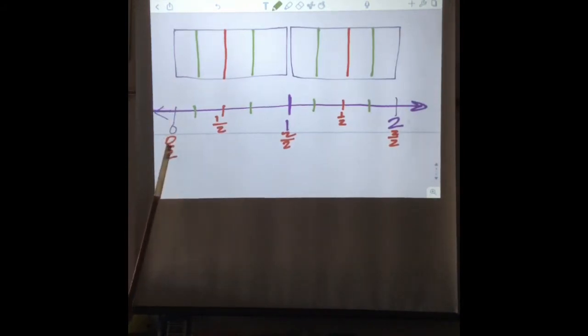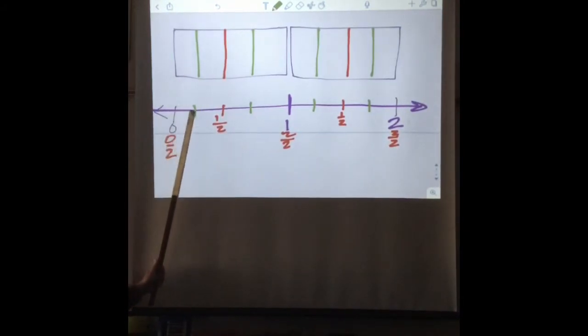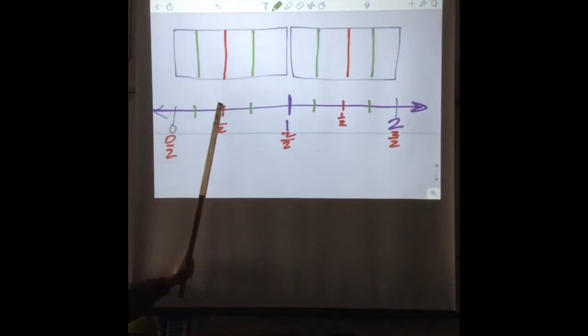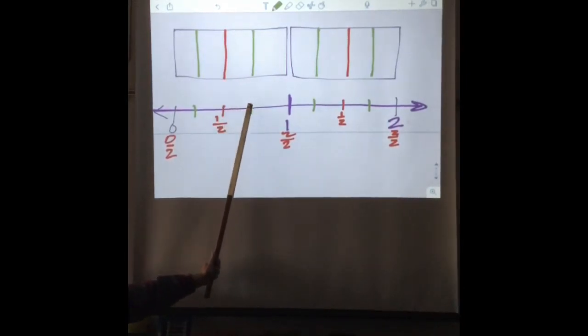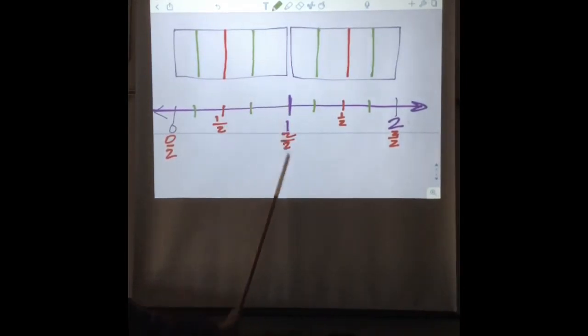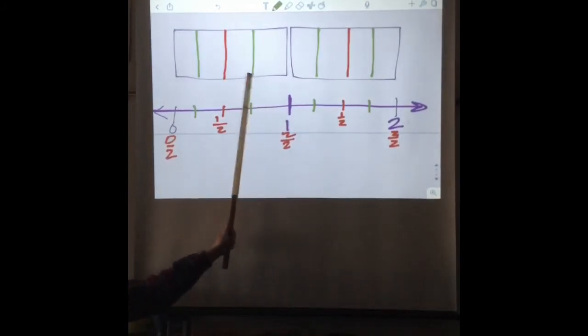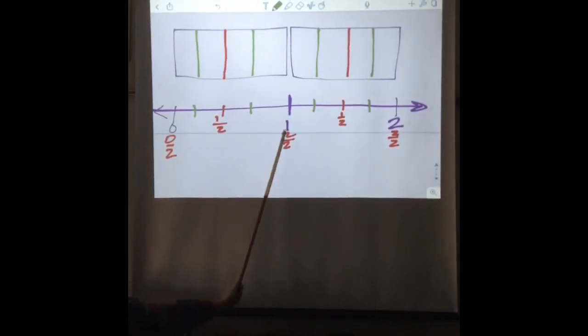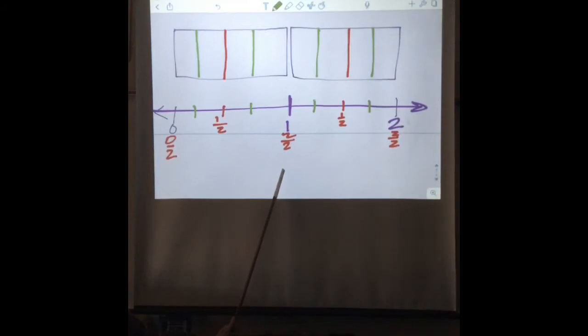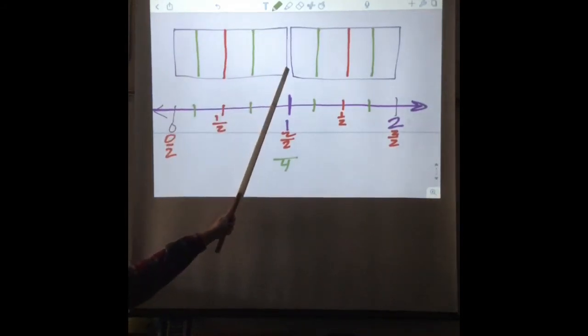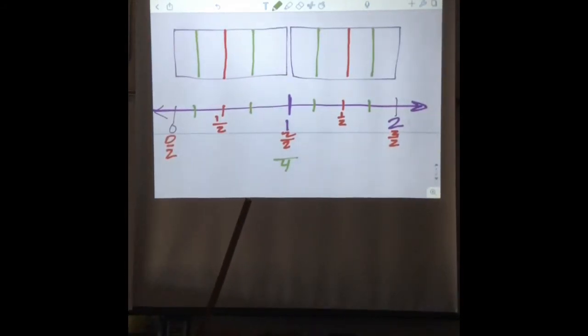So we have 0 here, right? 0. 1, 2, 3, 4. So now I'm going to stop at 1 whole because it means that we have, what's our bottom number? 4 pieces, right? And we have how many of them all the way over here? We have 4 over 4.